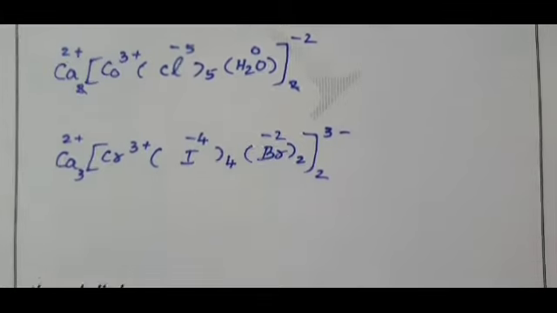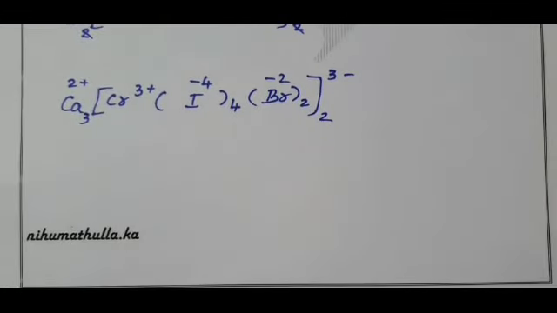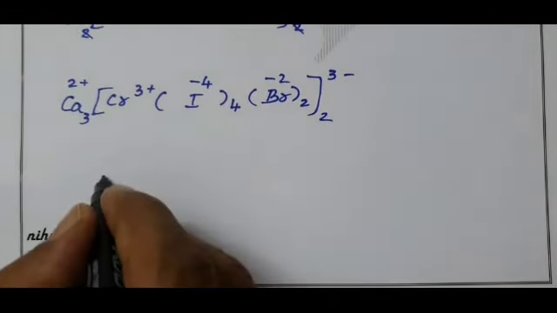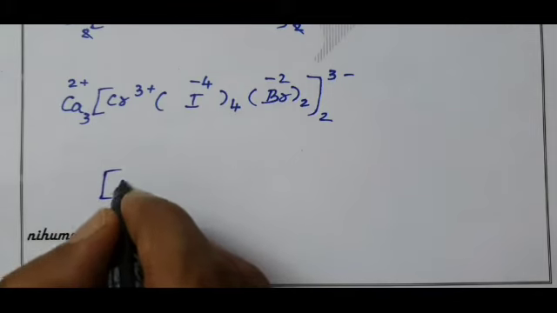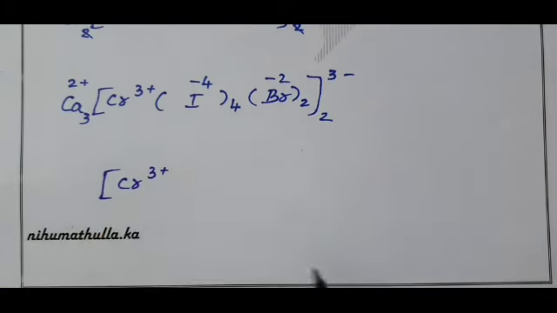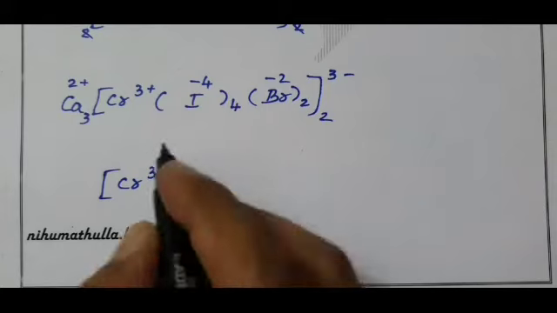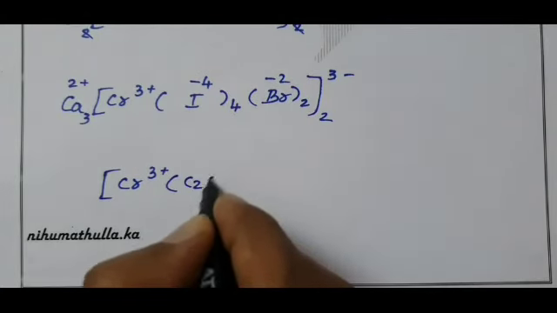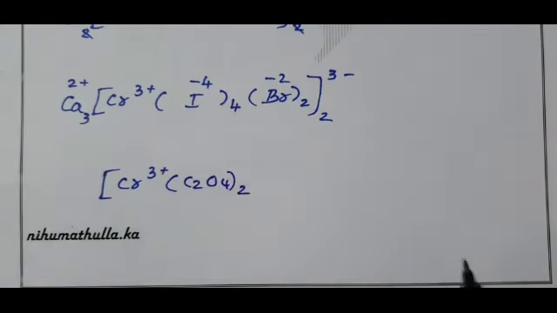One more complex with different ligands, starting from the central metal ion, chromium 3 plus. Now I am going to use the bidentate ligand, C2O4 oxalato, twice.